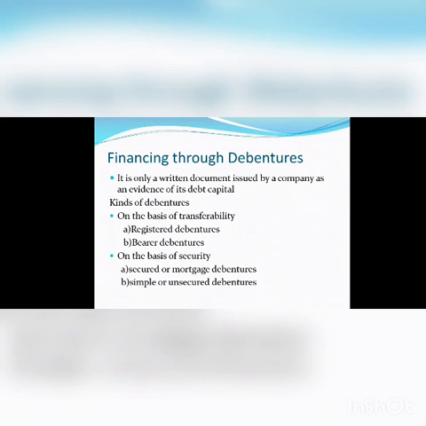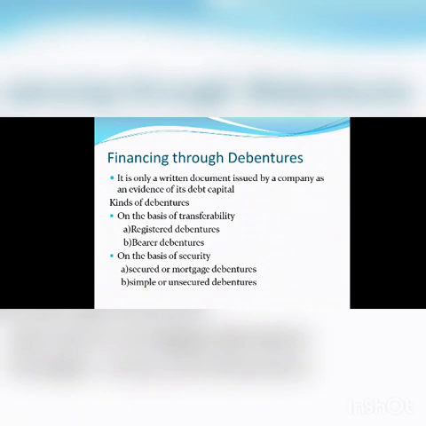On the basis of transferability, it may be classified into registered debentures and bearer debentures. On the basis of security, it may be classified as secured or mortgage debentures, simple or unsecured debentures.